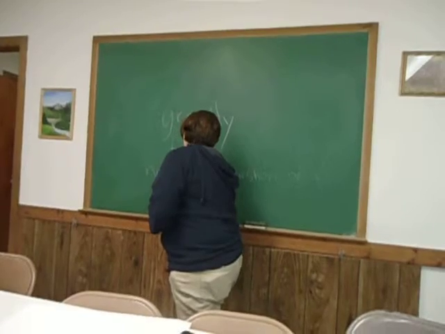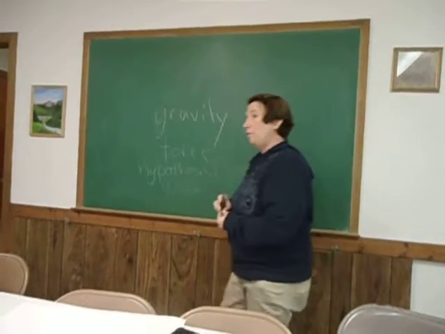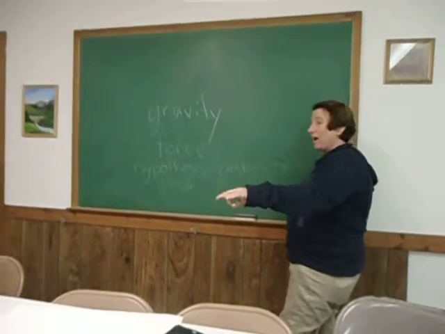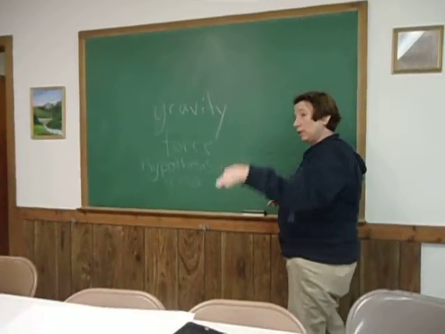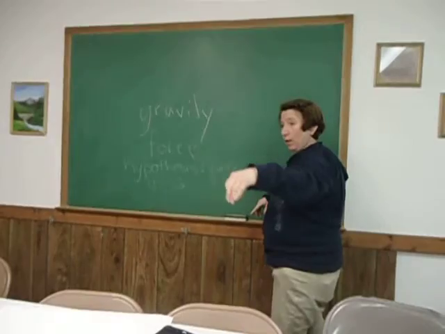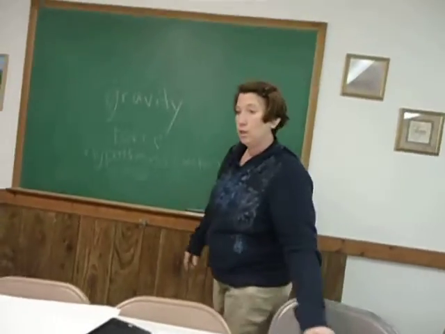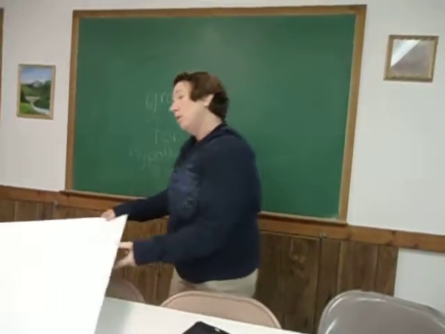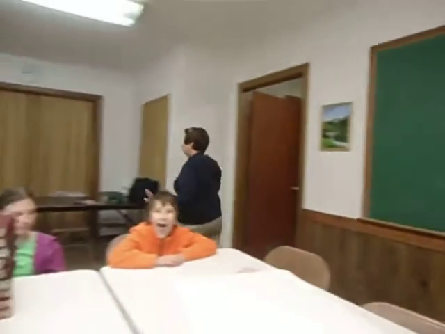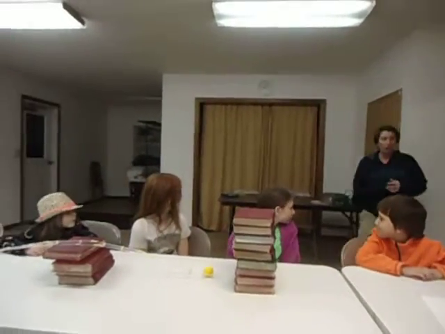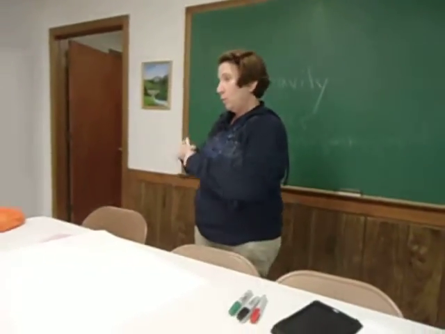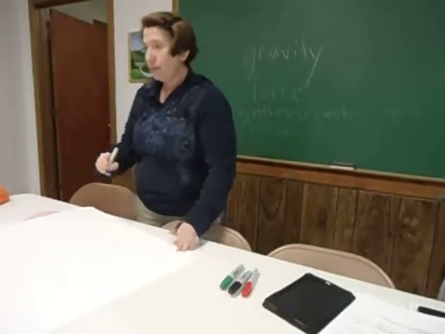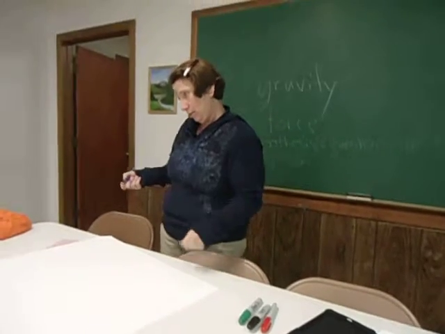Okay. So we're going to make a guess as to how high we have to go on our roller coaster to get it to go up and over that other stack of books. So what we're going to do on the poster board is write our hypothesis. This is the way scientists do this: we make a hypothesis and then we test our hypothesis.